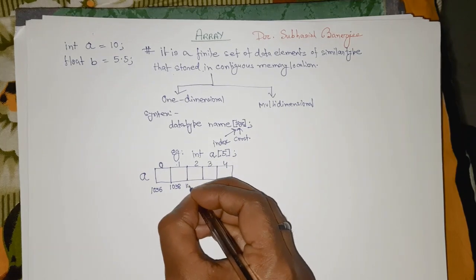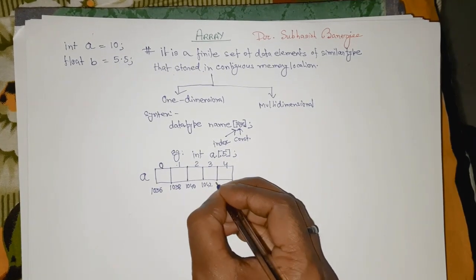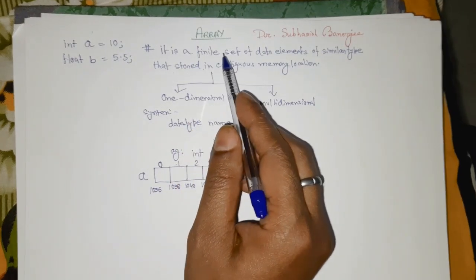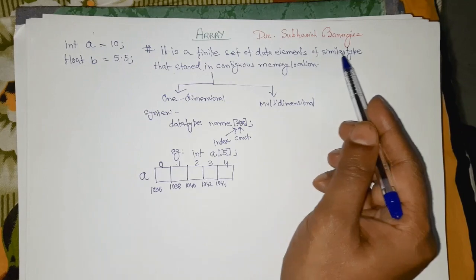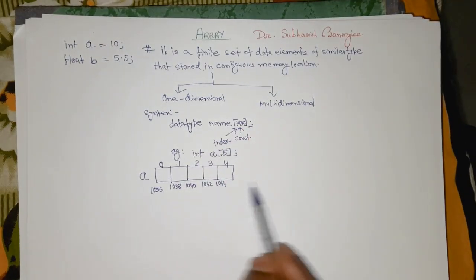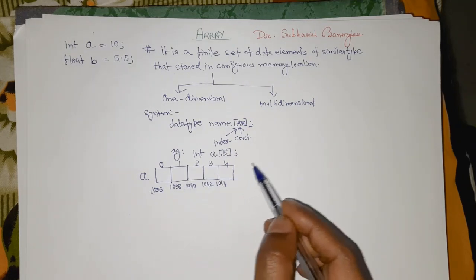Similarly the next one would be 1040, then 1042, then 1044. That's why the array is a finite set of data elements of a similar type stored in contiguous memory locations. So it is in contiguous form. If we know the base address of an array, we can easily fetch the other elements as well.